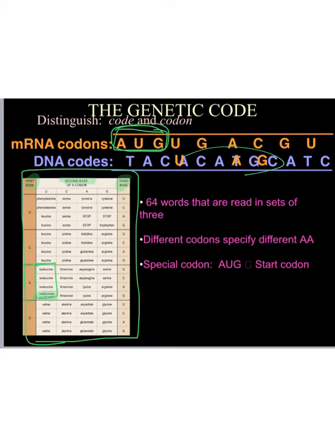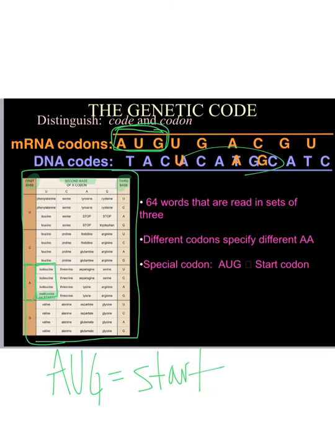And so that is the start codon, or it codes for the amino acid methionine. So AUG is our only start codon. So for every mRNA transcript, they're going to start out with an AUG.